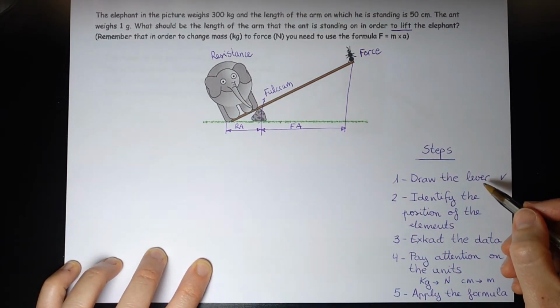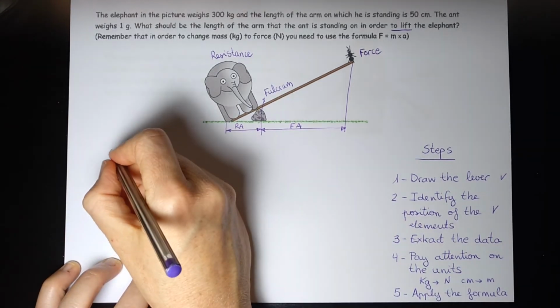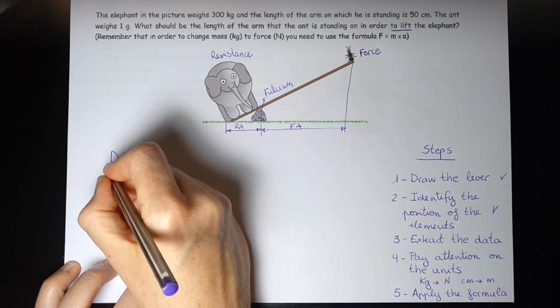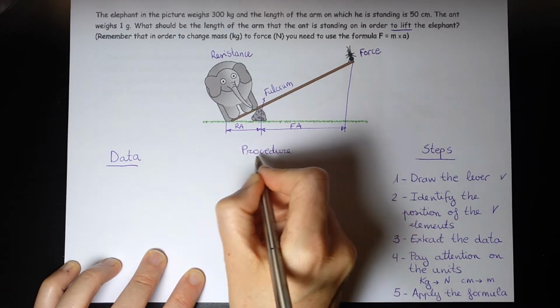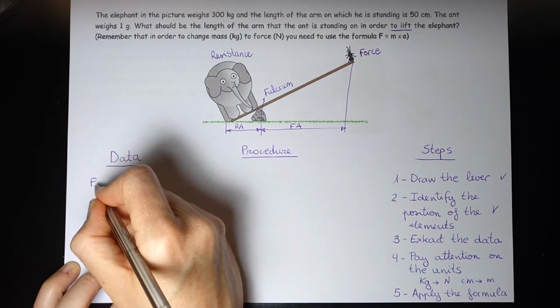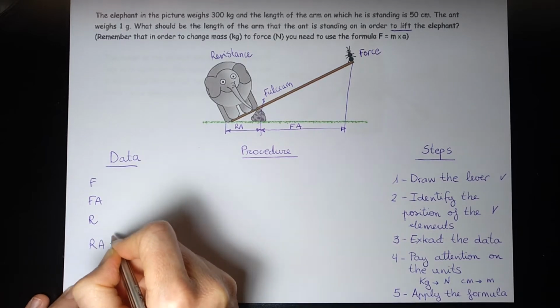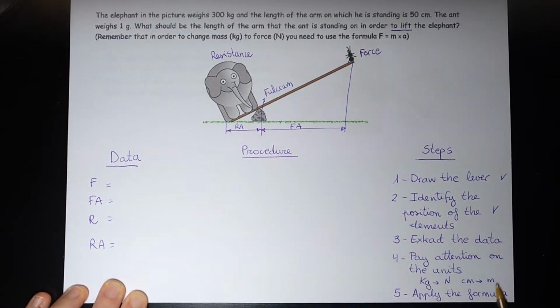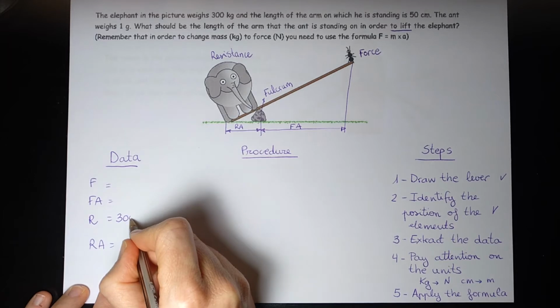So we have drawn the lever, identified the position, now extract the data. So we are going to write here data and procedure. To extract the information, we are going to write force, force arm, resistance, and resistance arm. And we are going to read it again carefully. The elephant in the picture weighs 300 kilos. So this is the resistance, 300 kilos.